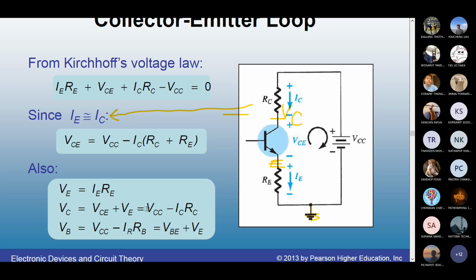You can see here, right hand side. Also, you can say using double subscript notation. If you write VCE, it means VC minus VE. So move VE to the left hand side. You get VC minus VE equals VCE. You can sometimes solve the point voltage using double subscript notation.